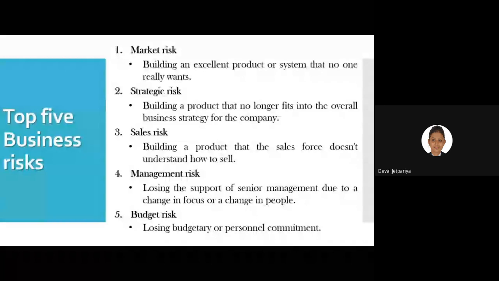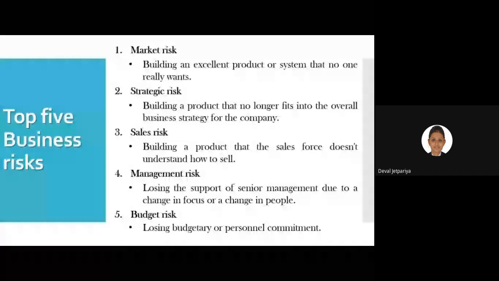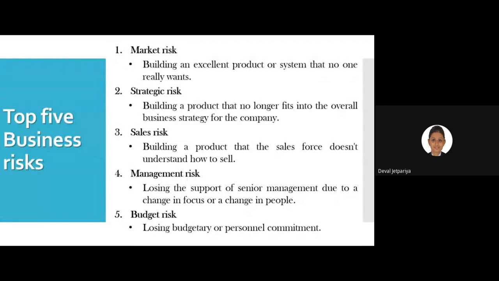Fine. Management risk. Losing the support of senior management due to the change in the focus or the change in the people. Say, for example, initially they have provided a budget of 1 lakh, and meanwhile, if they change the budget, definitely everything you need to plan according to that 1 lakh. But now you need to change everything, right? You cannot afford that many people, you cannot afford that many resources, because your budget is changed suddenly.